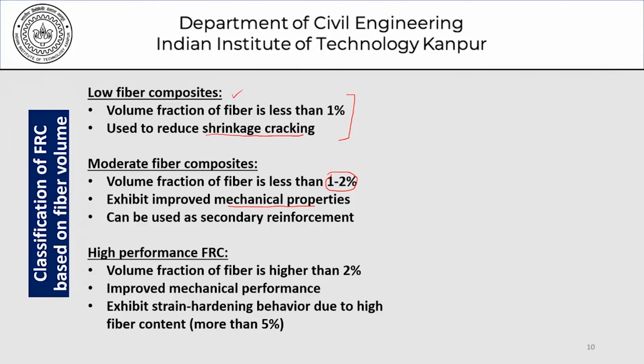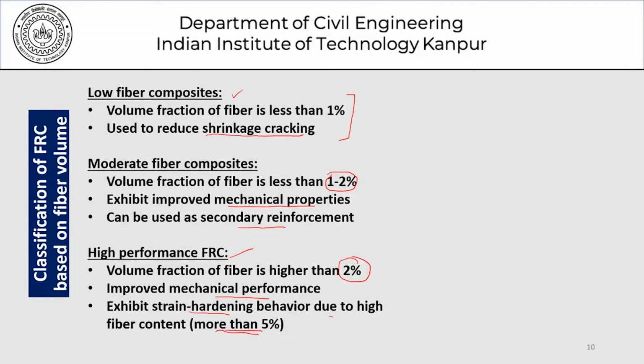This can also be used as secondary reinforcement, but only when it exceeds about 2% can we expect high performance fiber reinforced concrete. And there we can have improved mechanical performance and exhibit some kind of strain hardening behavior due to the high fiber content if it is more than 5%.